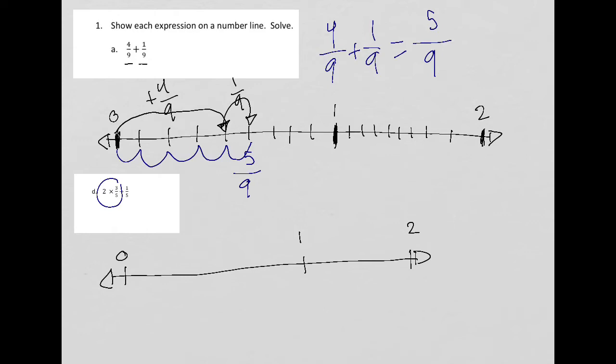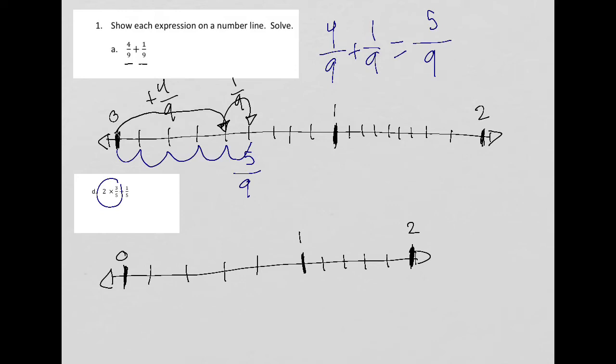And when I'm looking at these fractions, I'm noticing that they are fifths. So that means I'm going to split up my number line into fifths. 1, 2, 3, 4. So now I have 0, 1, and 2. I try to make the whole number hashes a little bit bigger so we can see. And I have it broken into fifths.